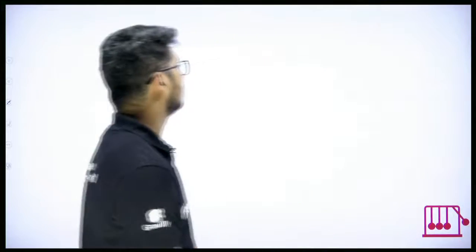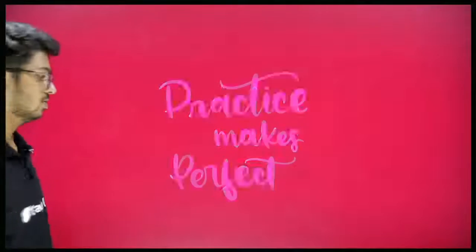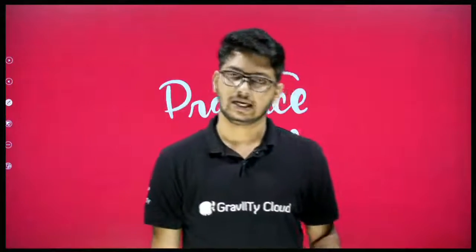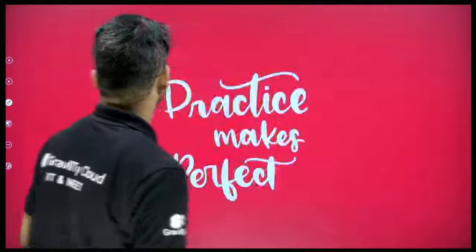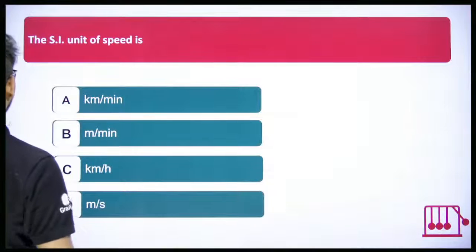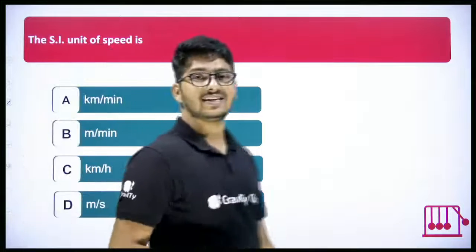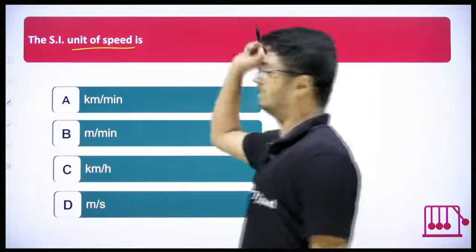Clear? Okay. So we learned about uniform motion and non-uniform motion. Now let's go into a few questions as practice. Look at a very simple question but a very important one. What is the SI unit of speed?